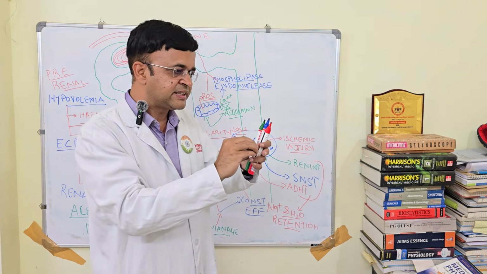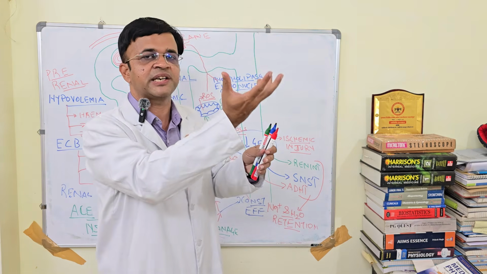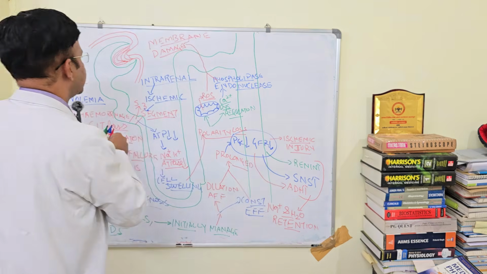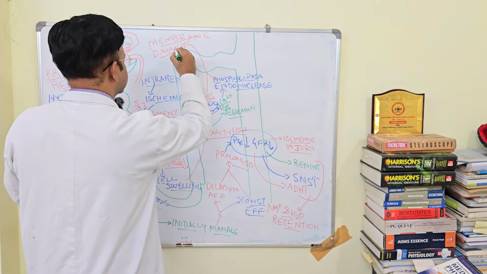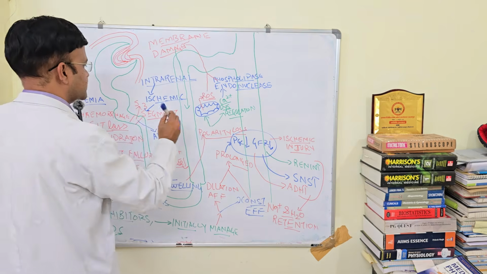Once they block the tubules, the intratubular pressure is going to rise, and this will further reduce your GFR.